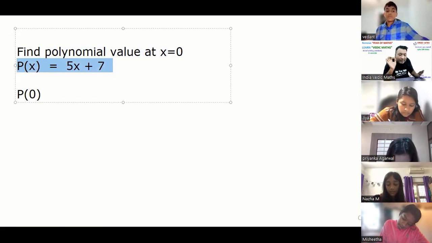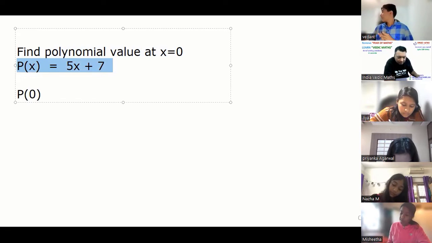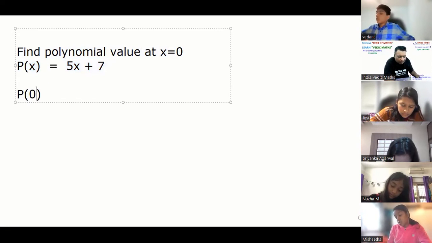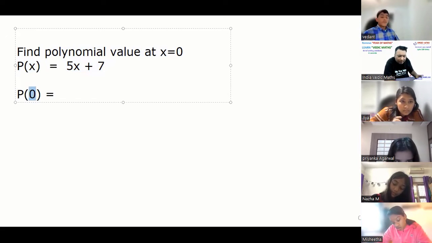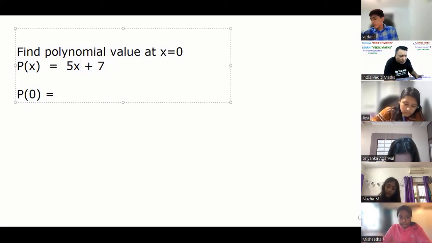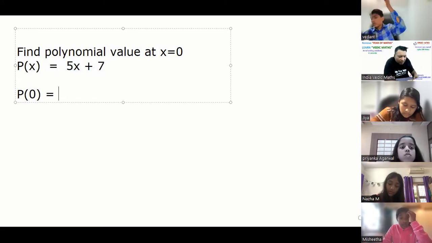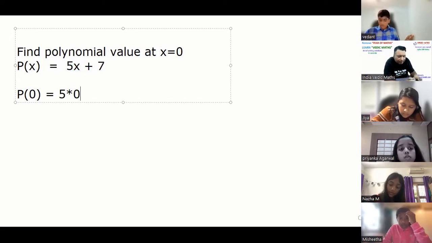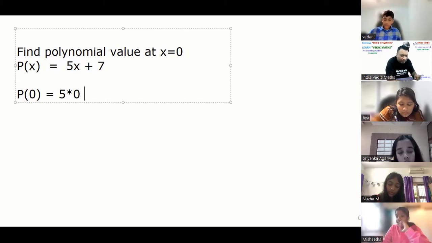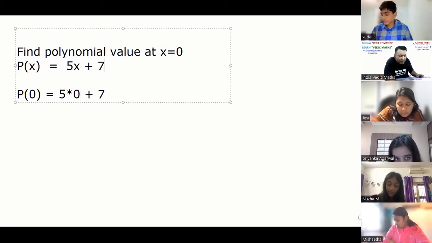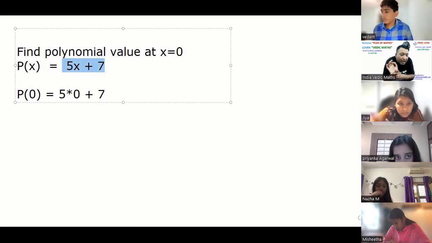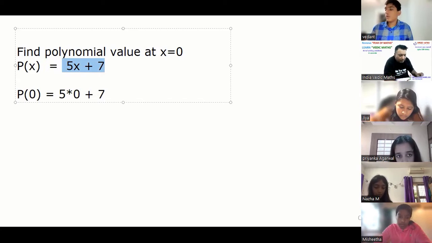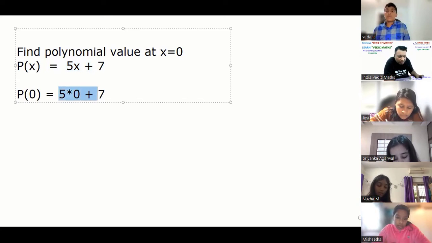Nothing else. So instead of the x, you will write 0 here, correct? So 5x means 5 times 0. So Kanak, what I have done is, in this equation, I substituted x equal to 0, nothing else. I have plugged in the value x equal to 0. You got this point or not, Kanak?